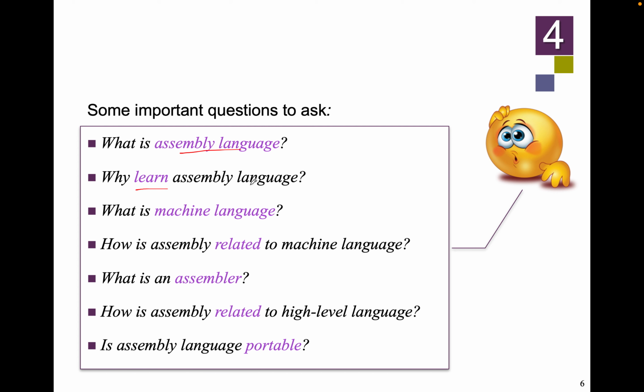And then what is machine language? It is basically the assembly language. How is assembly related to machine language? What is an assembler? All of these are questions that you can answer after you go through your module 4.